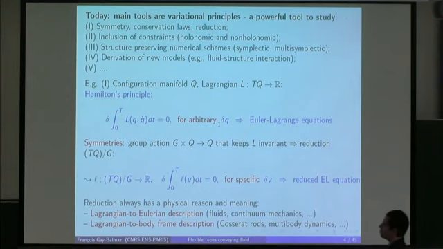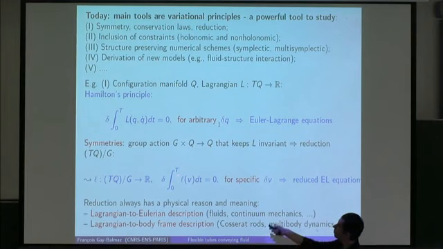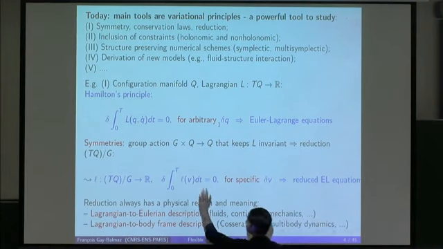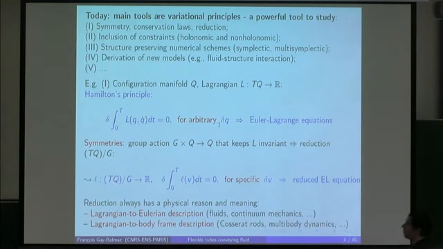Now you simplify the system because it's smaller dimension, but the price you have to pay is that the variational principle is more complicated, right? It's no longer the classical Hamilton's principle, it's more difficult. You take only specific variations of your curve. So these two lines here are really at the core of what I will do today, right?